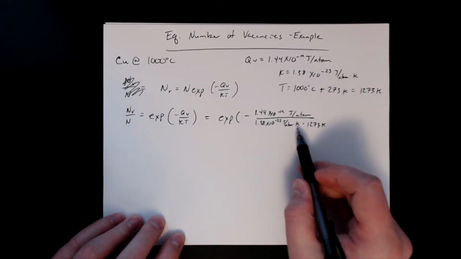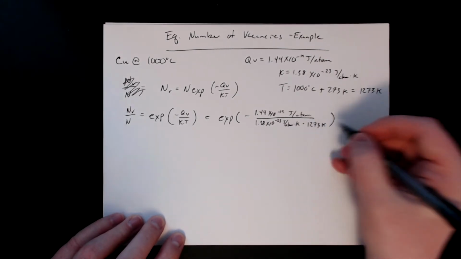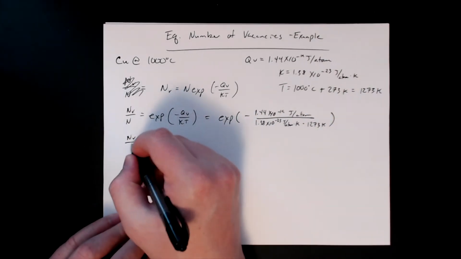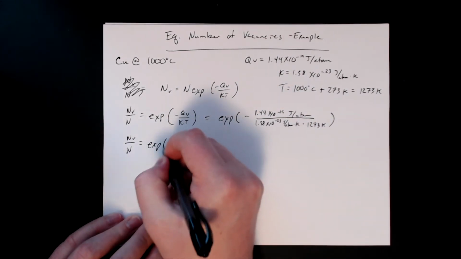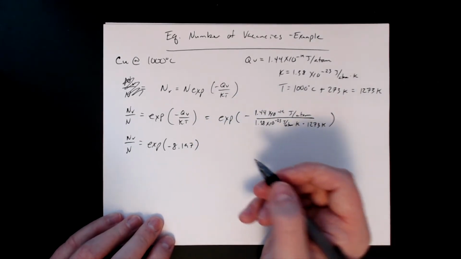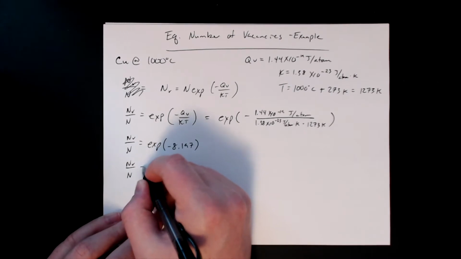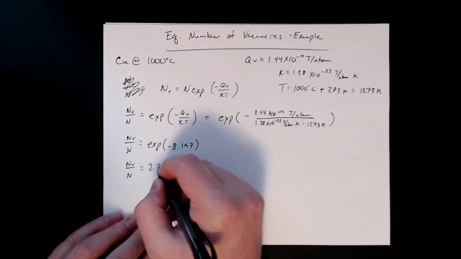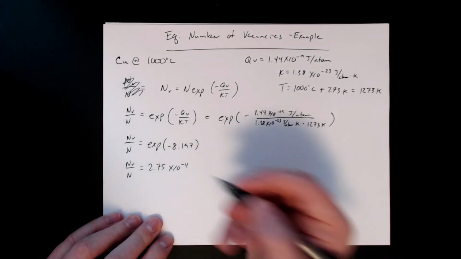And so here you see that the K is going to cancel out, the joules per atom are going to cancel out, and when all said and done, the inside of this exponential is going to be minus 8.197 if you want to think about it that way, but the fraction here is 2.75 if we plug all that in, times 10 to the minus 4.